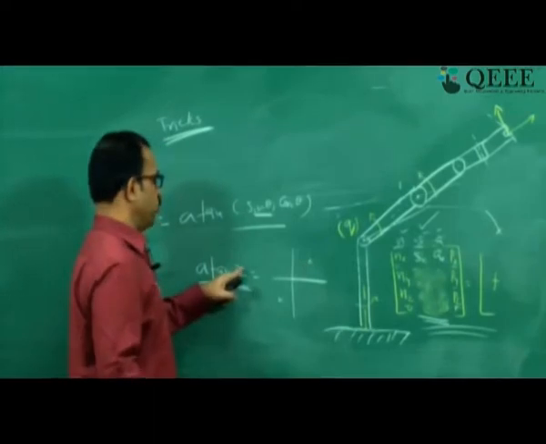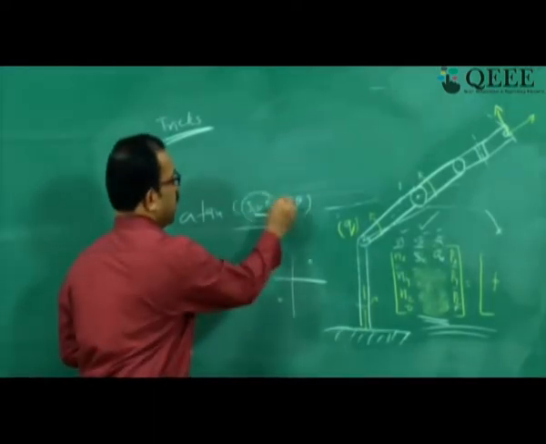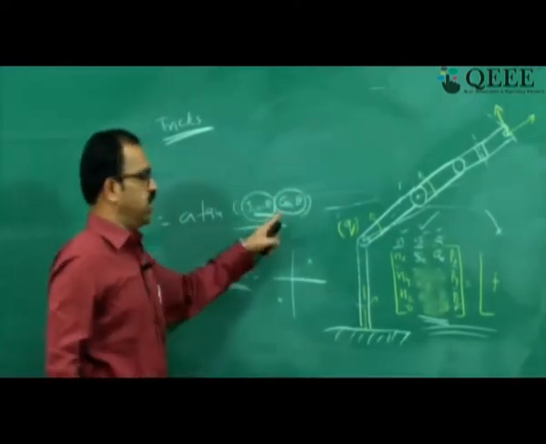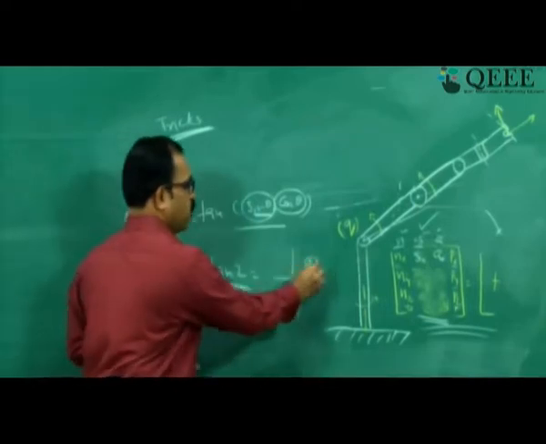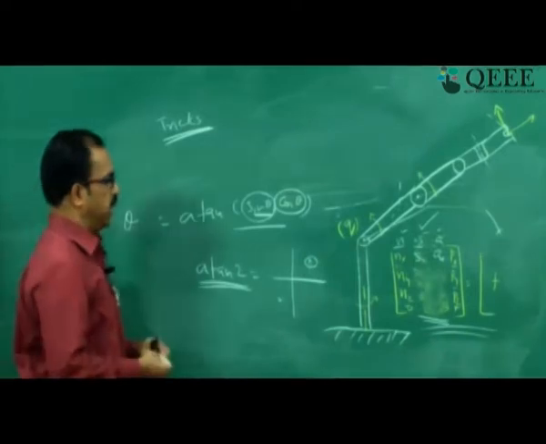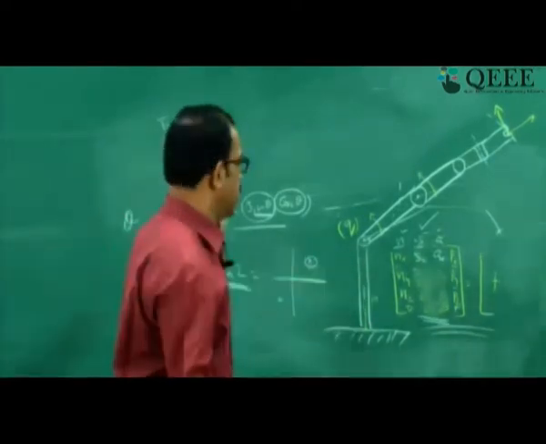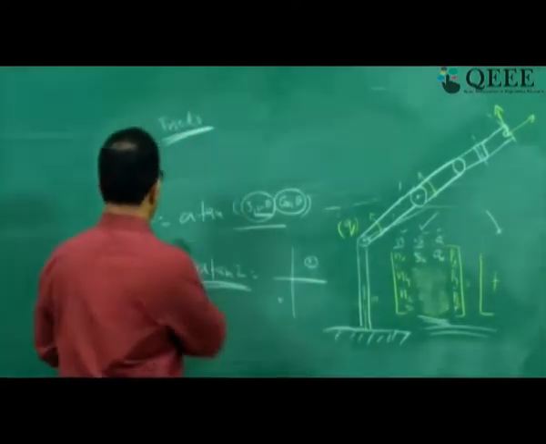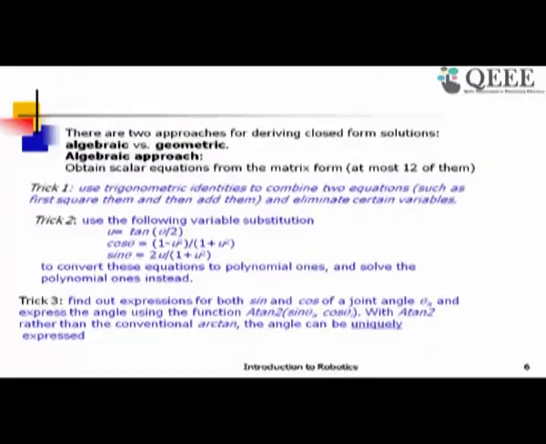But with the atan2 function, by looking at the signs of these two arguments, you will find out in which quadrant the solution lies. That is basically atan2. I will explain this when we take a case study, but that is another method of finding the joint angles, using some substitutions and getting the theta from arctan functions.